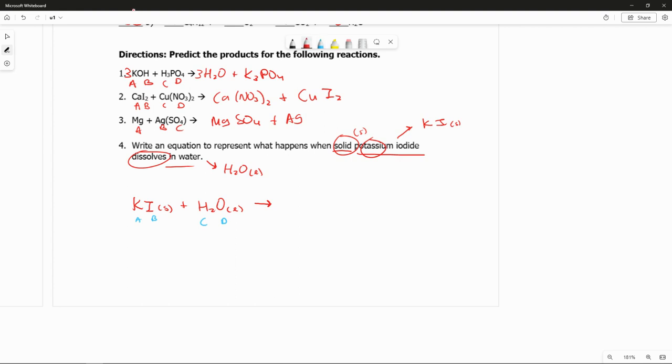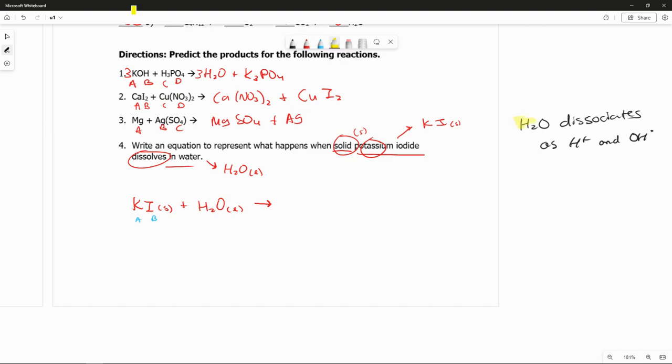Just quickly remembering that water is special, so let's erase that C, D real quick. Water, sorry, I'll write it on the side. Water disassociates as an H plus and OH minus.